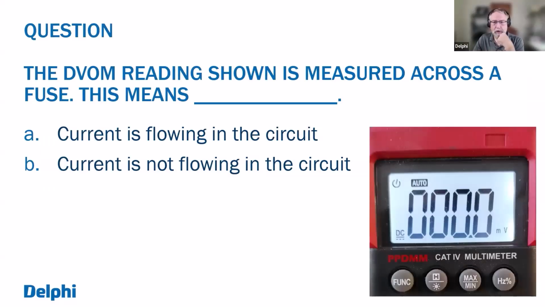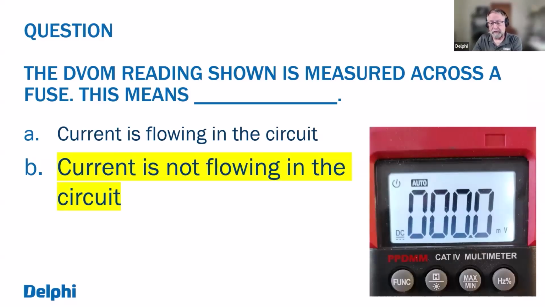So here we have a DVOM measuring voltage across a fuse, and this is the reading that you're getting. What is this telling you? Is there current flowing in the circuit, or is there not current flowing through the circuit? And the answer is current is not flowing in the circuit.